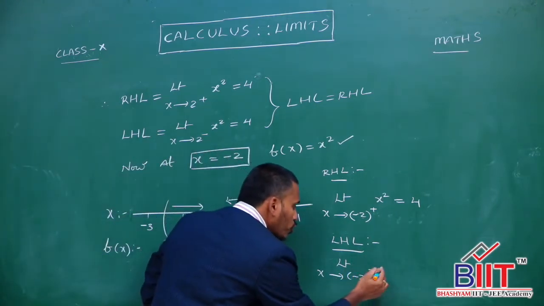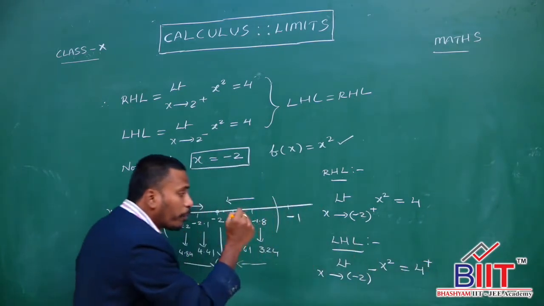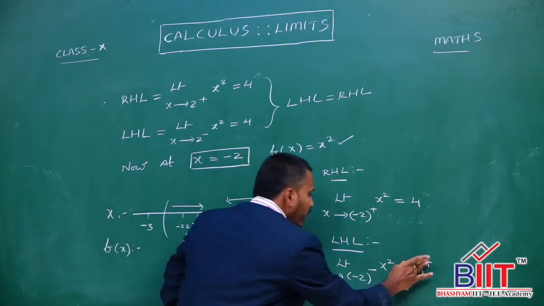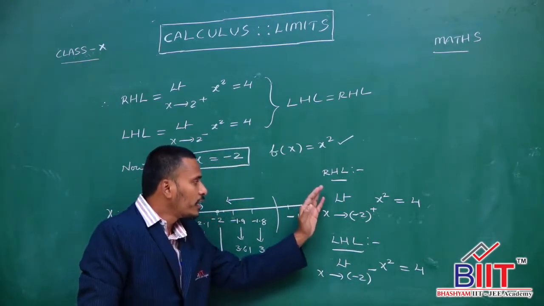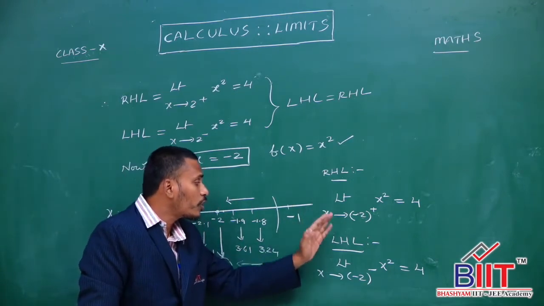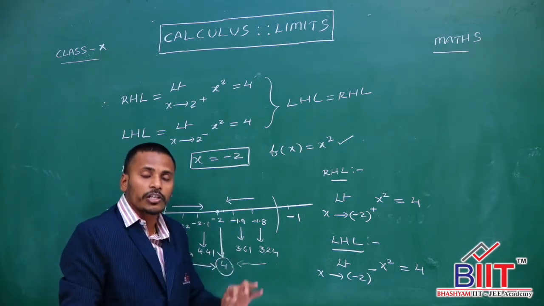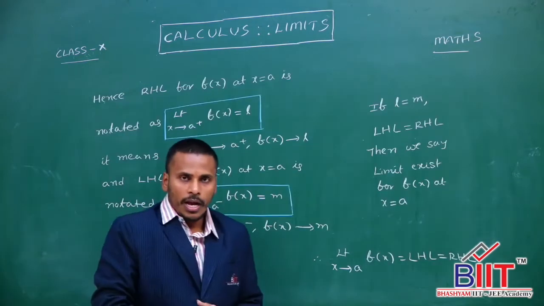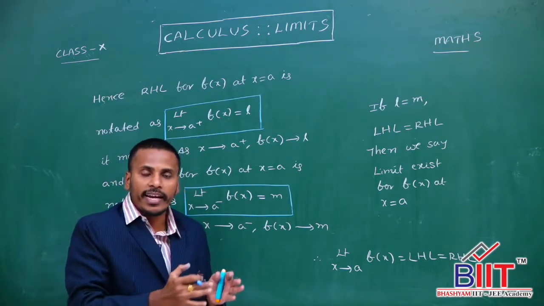So, limit x tends to 2 minus of x square is 4 plus in particular, but usually we say it as 4. Here again the left hand limit is equal to the right hand limit. Since left hand limit is equal to the right hand limit, we say that the limit exists for the function at this point also.